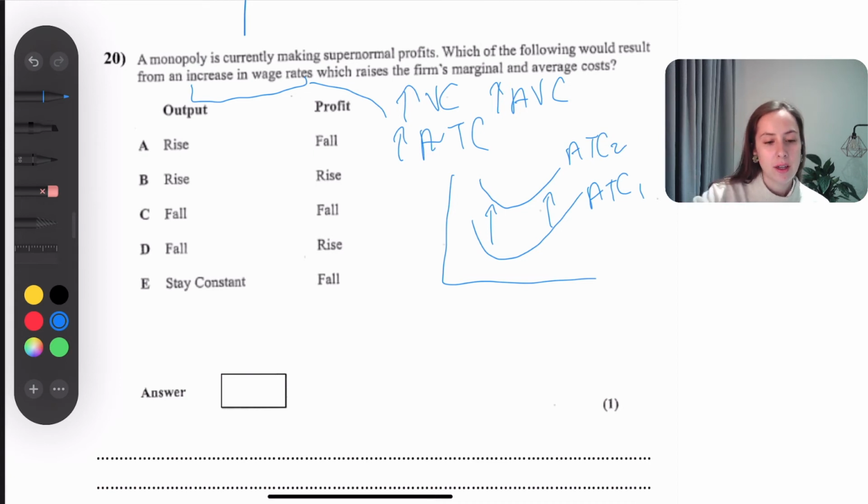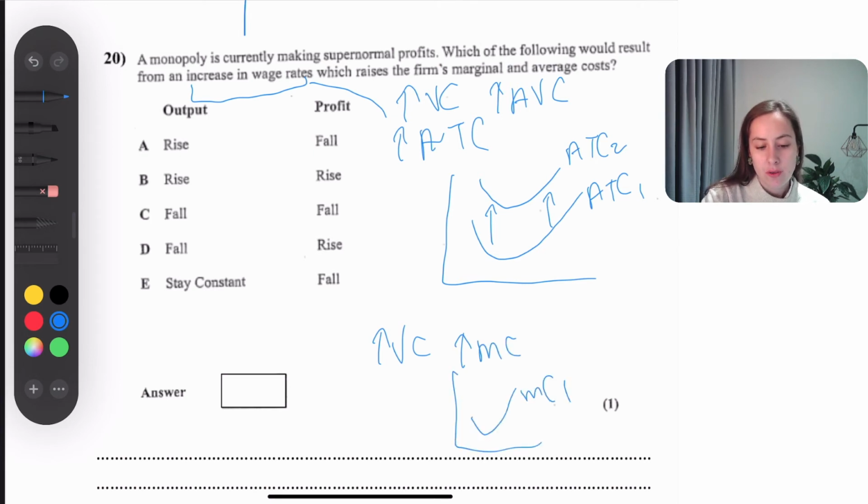There's another thing though. If your variable costs increase, watch out, your MC increases, and that's also going to increase parallel. So imagine this is MC1, shifts up parallel to MC2. MC1, MC2, and you should still have the minimum kind of like working out on the AC curve.